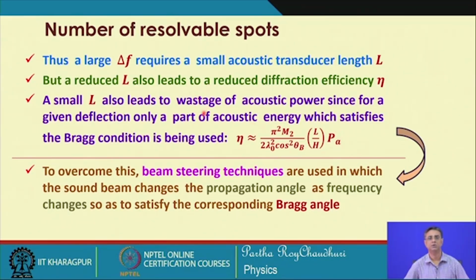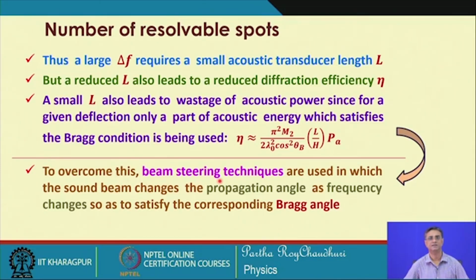So, therefore, there will be a wastage of acoustic power if we restrict the width of the acoustic beam, to get a wide range of acoustic frequencies for the deflection.